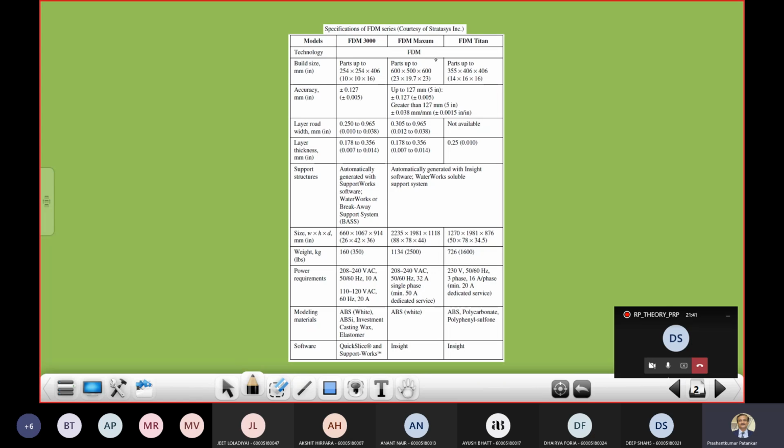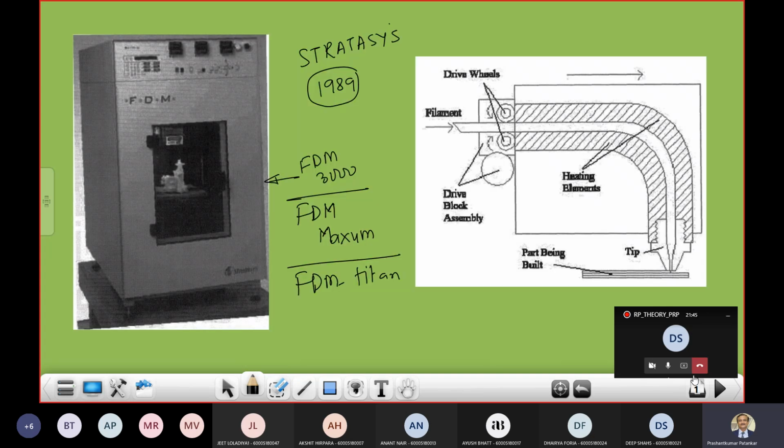The detailed specifications of these machines we will talk about afterwards, after understanding the basic concept and principle of operation. As I told you, this is an extrusion based rapid prototyping process.